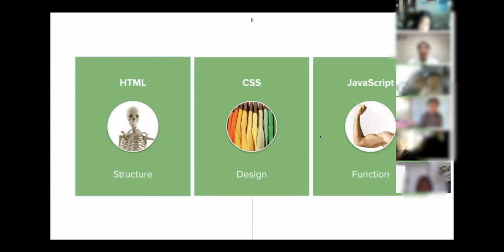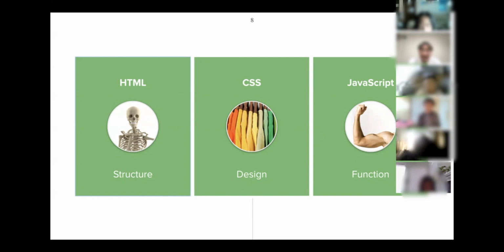But behind making a website, there's three big components. There could be more, but these are the three big ones when we build a website. First is HTML, then CSS, and then JavaScript. How I like to see it is that HTML gives the structure of how the website works.